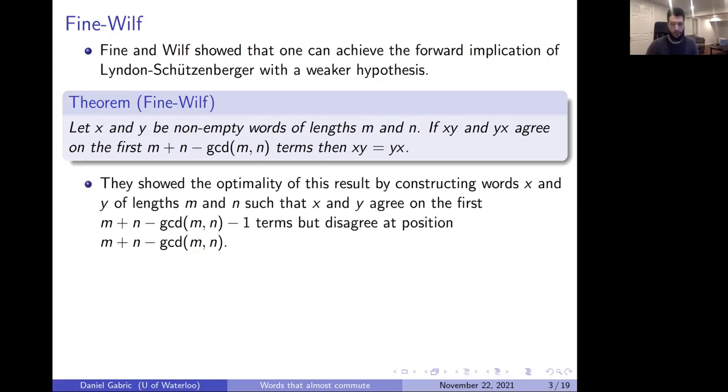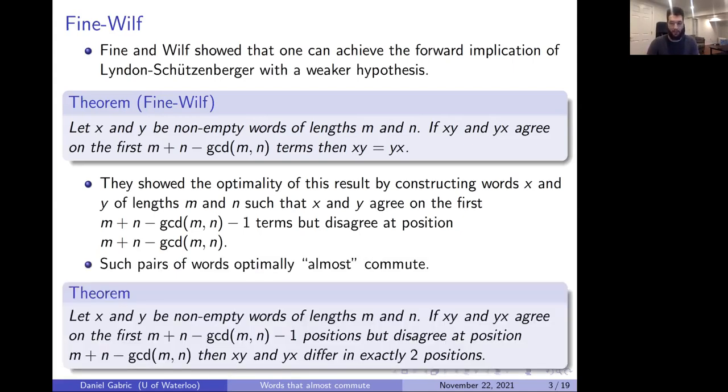They showed that this result was optimal by constructing words x and y of lengths m and n such that they agree on a prefix of length m plus n minus gcd(m,n) minus 1, and they differ right after that prefix.